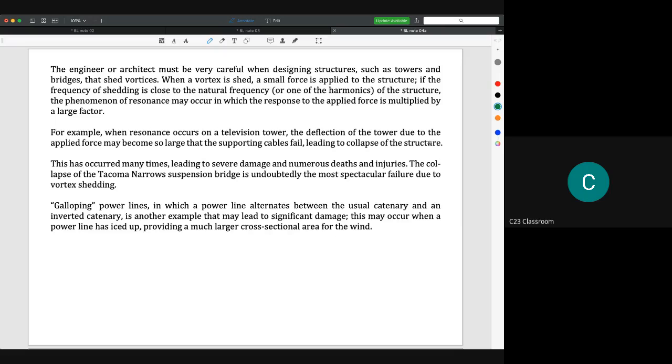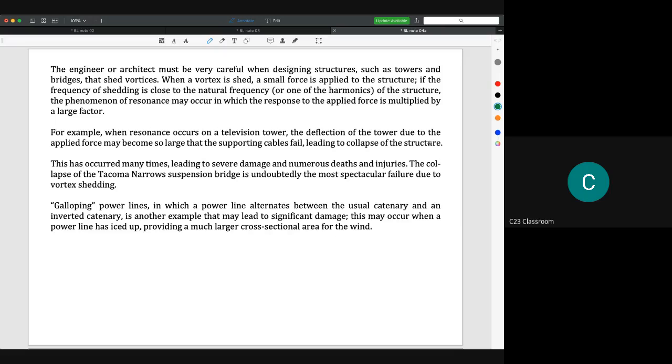For example, when resonance occurs on a television tower, the deflection of the tower due to the applied force may become so large that the supporting cables fail, leading to collapse of the structure. This has occurred many times, leading to severe damage and numerous deaths and injuries.